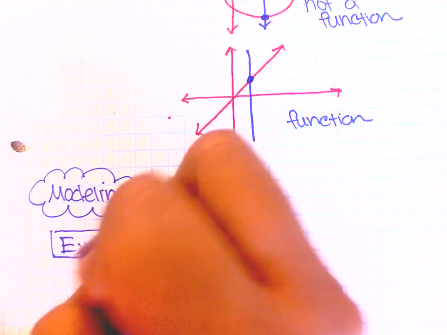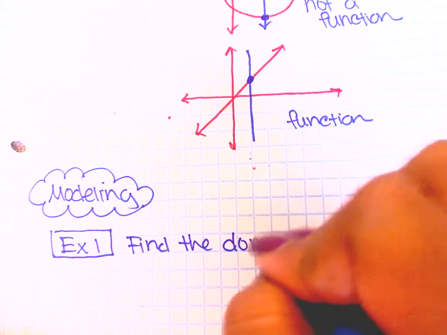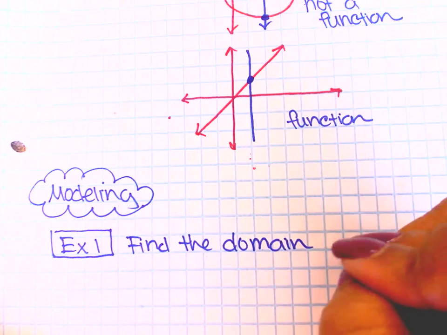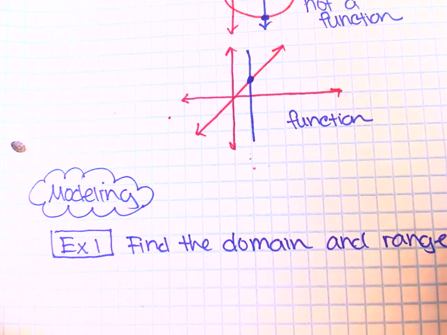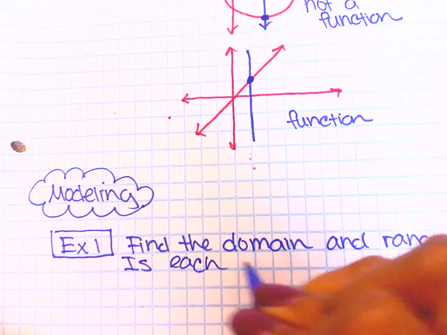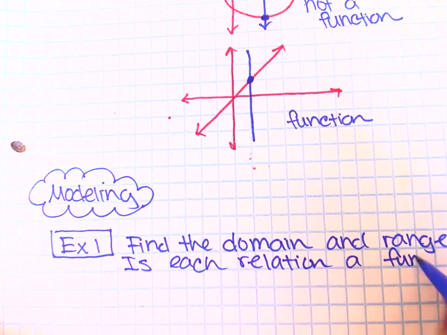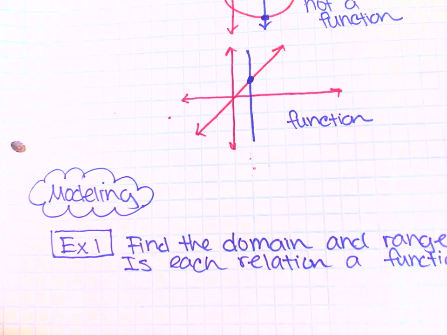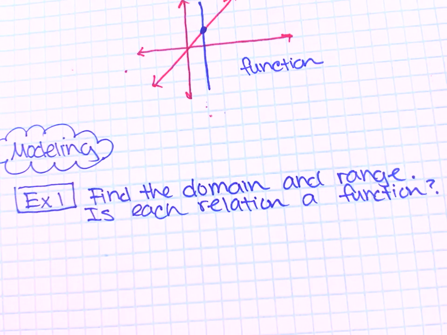The directions are to find the domain, which is X or Y? X, good. And range, which is Y. And then the question is each relation a function? Find the domain and range. Is each relation a function? Make sure you write the directions.